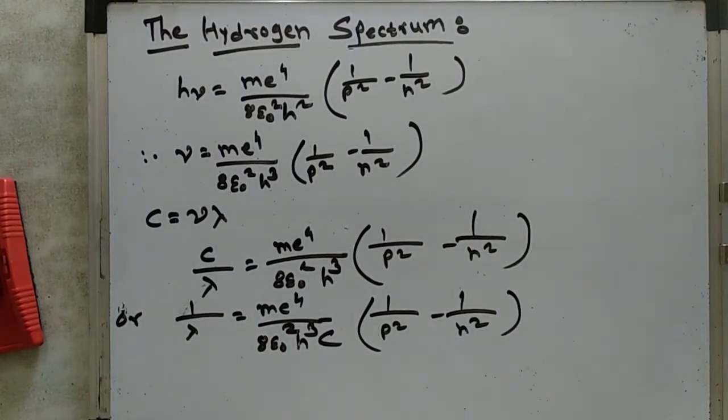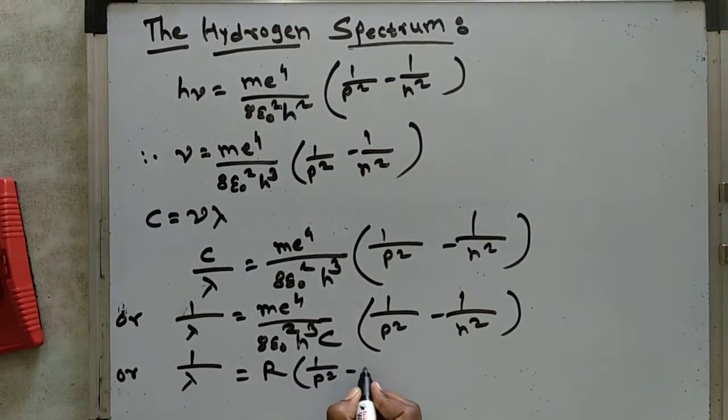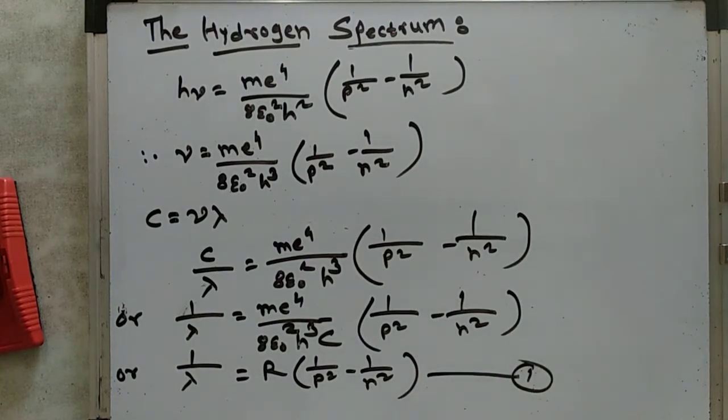Or write here 1 upon lambda equals R into 1 upon p square minus 1 upon n square. Equation number first.